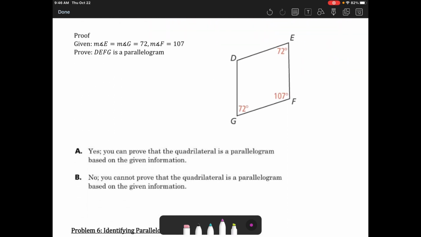Given that the measure of angle E is equal to G, F is 107, prove that it is a parallelogram. Remember that a quadrilateral measures 360. So we have two groups of 72 plus 107 plus the measure of angle D. And let us solve.